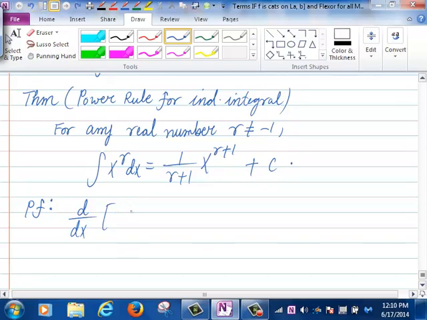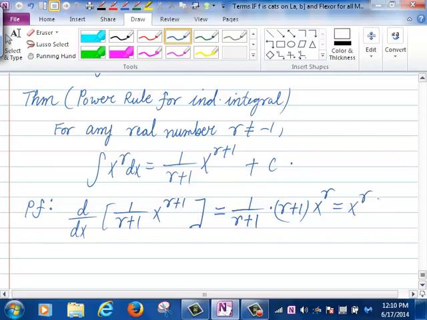So what's the derivative of 1 over r plus 1 times x to the r plus 1? By using the power rule for derivatives, the derivative is the constant 1 over r plus 1 times the derivative of x to the r plus 1, which is r plus 1 times x to the r, right? Which is just x to the r.